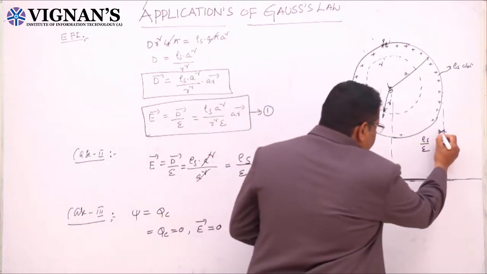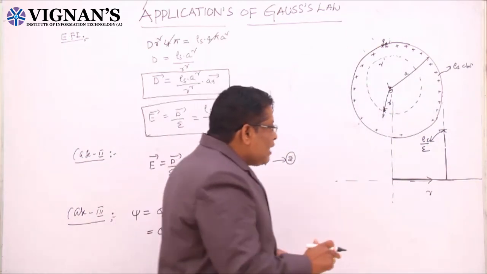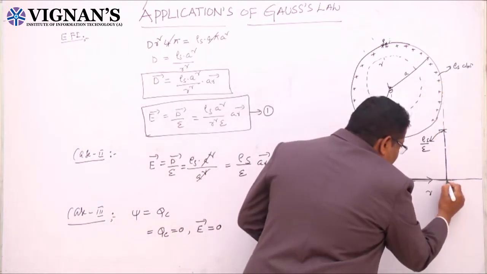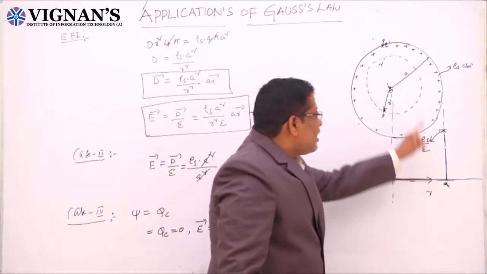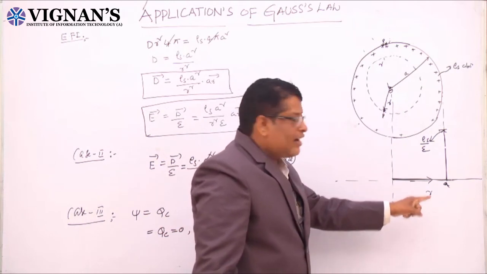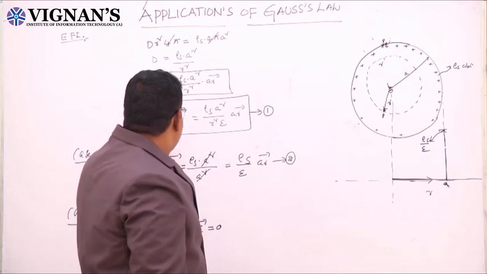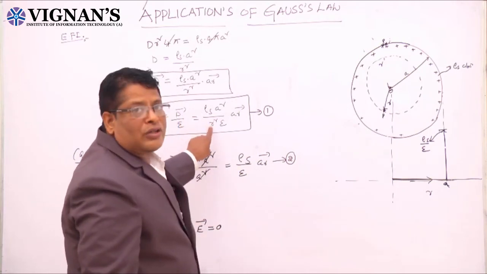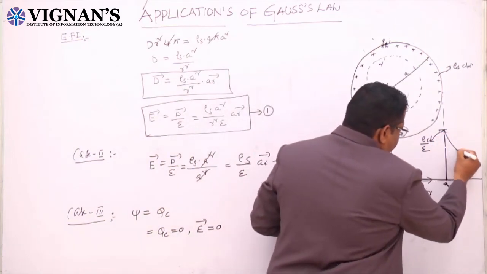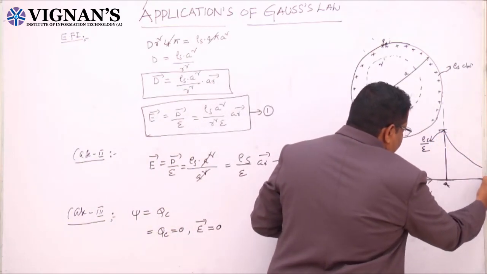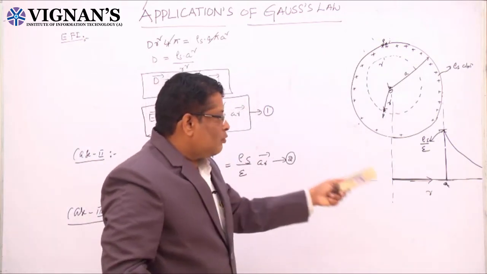As the R value greater than the radius of the shell, that is case 1, that is inversely proportional to the R square. In this manner it will decrease with distance. This electric field intensity comes to 0.